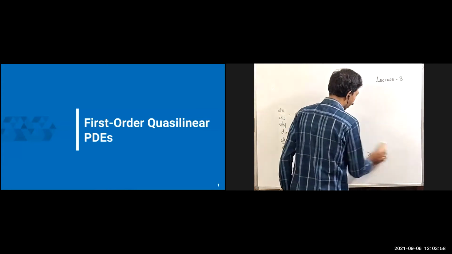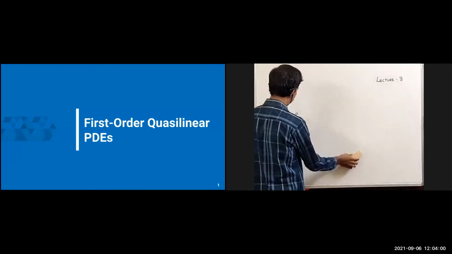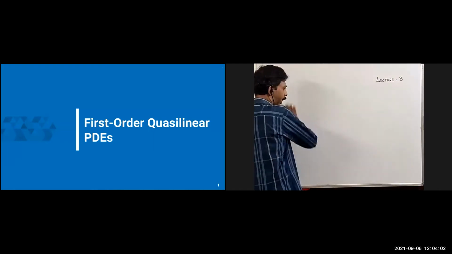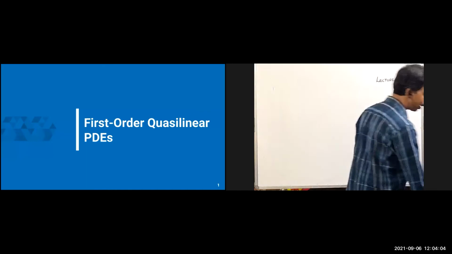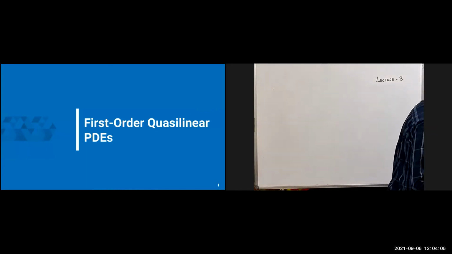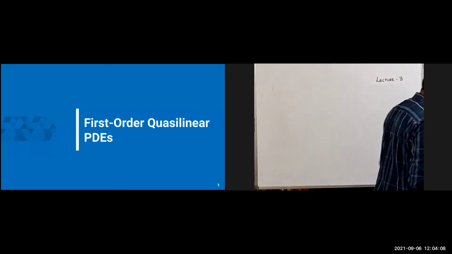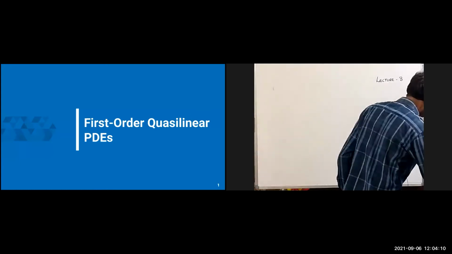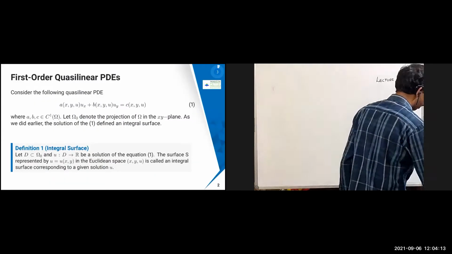I am going to use the same thing that I did for the linear PDE and extend it to quasi-linear PDEs also. Let us see how.